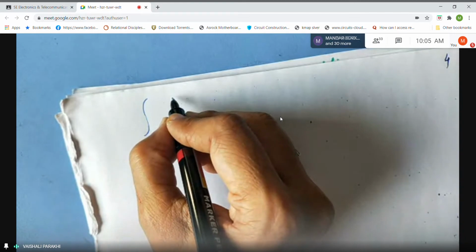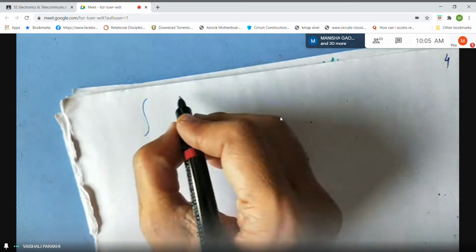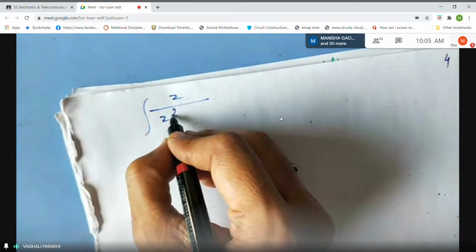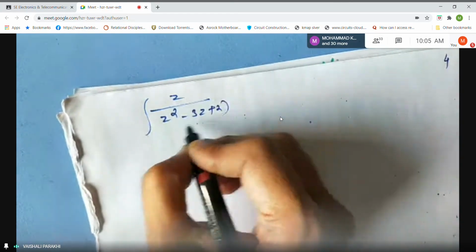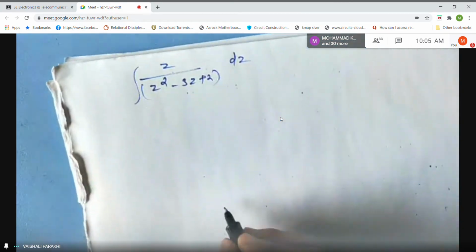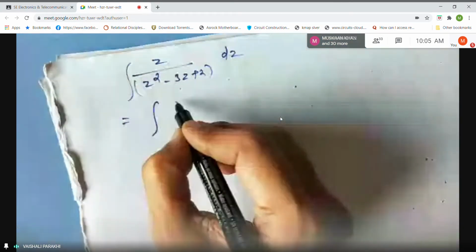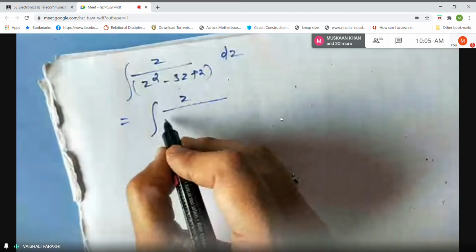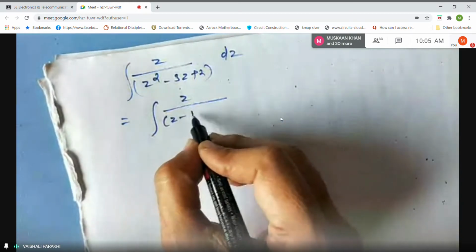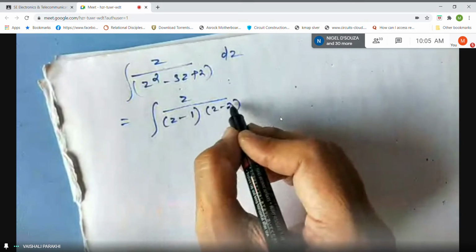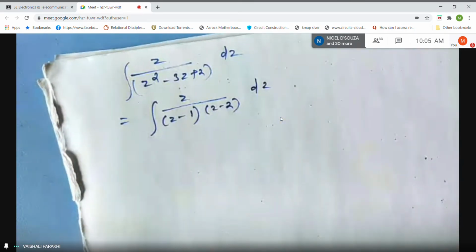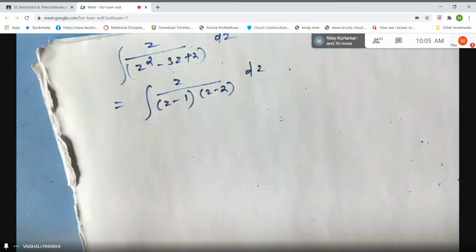It is the integral of z divided by z square minus 3z plus 2 dz. Right. So how do we write it? It is z divided by, factors are what? (z minus 1)(z minus 2) dz. Correct? Now see what I am doing, students.